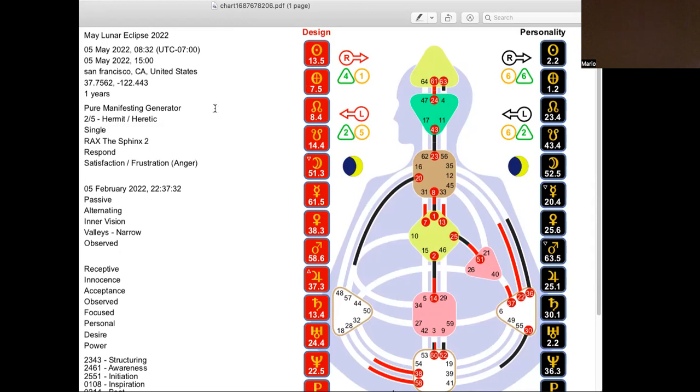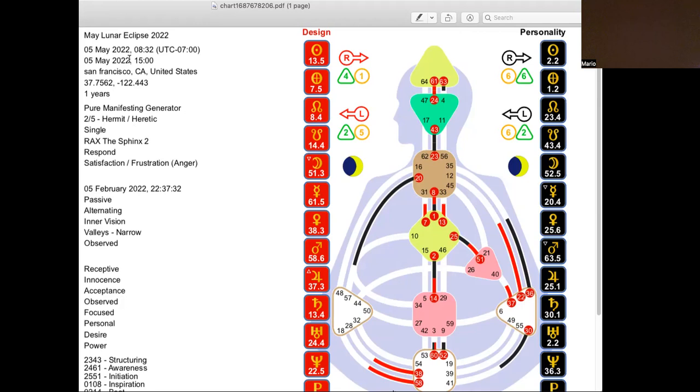Now, genetic matrix gives us both the moment of birth and the 3 months prior to birth, the 88-degree solar arc, birth of the spirit coming into the neocortex. So someone was born May 5th, 2022.